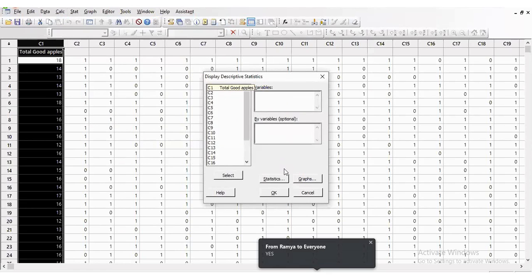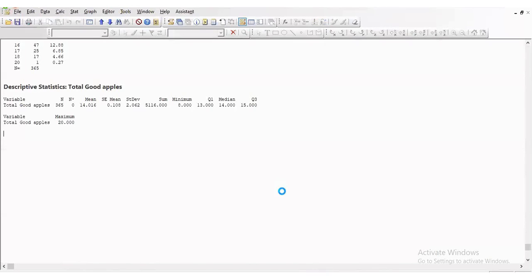I want the sum only. Where is the sum? Sum is this, right? What is this? 5116. Total number of good apples, out of how many apples? 20 into 365. You guys understood this?